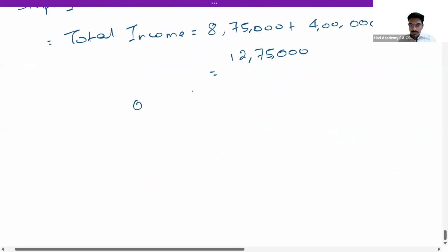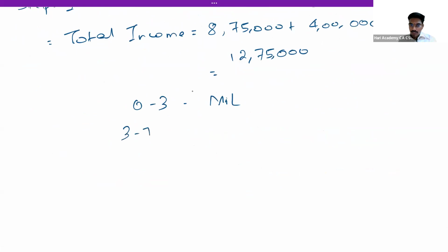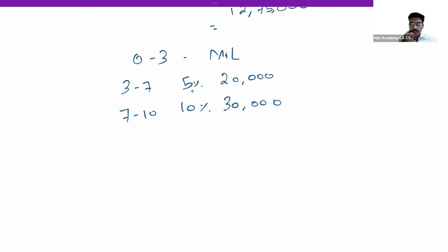As you all know, 0 to 3 lakhs tax is nil. 3 lakhs to 7 lakhs, the rate is 5%, which is going to be 20,000. Next, 7 lakhs to 10 lakhs, the rate is 10%, and for 3 lakhs it is going to be 30,000. Next, 10 to 12 lakhs is at 15%.